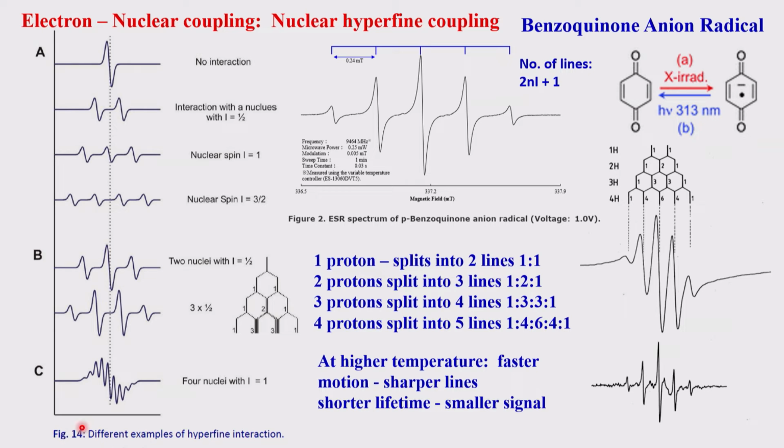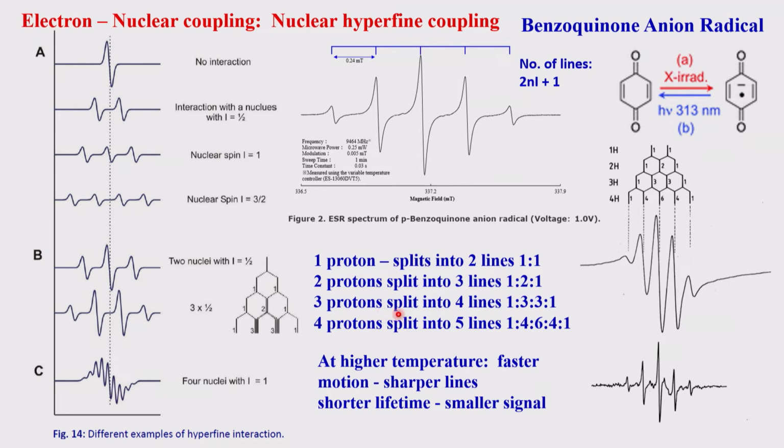Now their intensities, like in the NMR case. When 1 proton splits into 2 lines, the ratio is 1 to 1; 2 protons splitting into 3 lines, 1 to 2 to 1. That means the first line has 1 times intensity, the middle line double the intensity, and the third the same as the first.